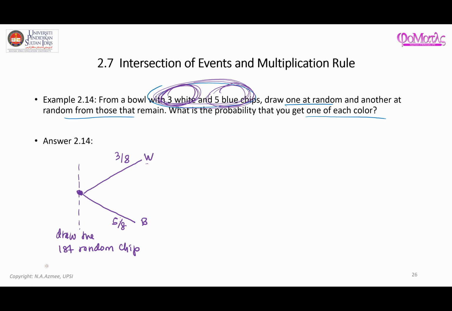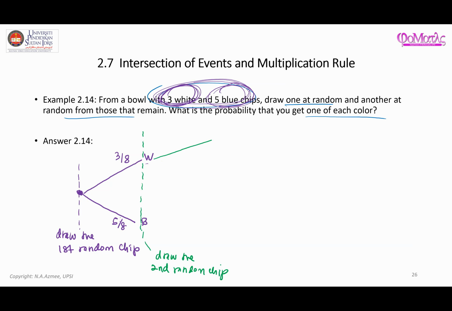Next, we have arrived at this junction here. So this is the second stage. At this second stage, we're going to see the result when you draw the second random chip, and you draw that from whatever remains in the bowl. So when you have done the first stage, the number of chips in the bowl is going to be reduced to 7 because 1 is already taken out.